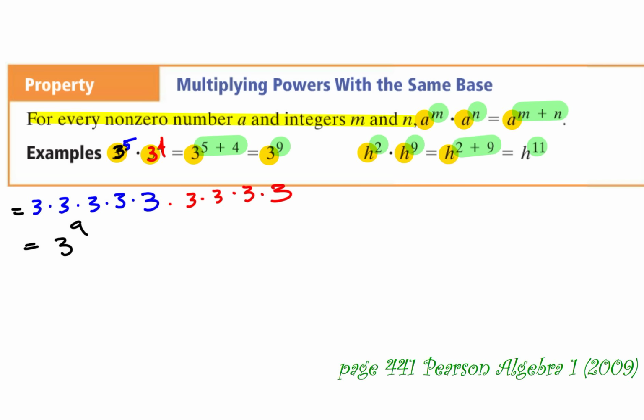And the answer is the answer to the simple addition problem, 2 plus 9, which gives h to the 11th. And notice that the base is still h. So remember, when you multiply powers of the same base, you add the exponents.